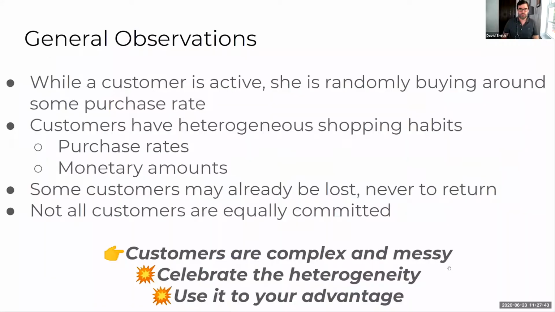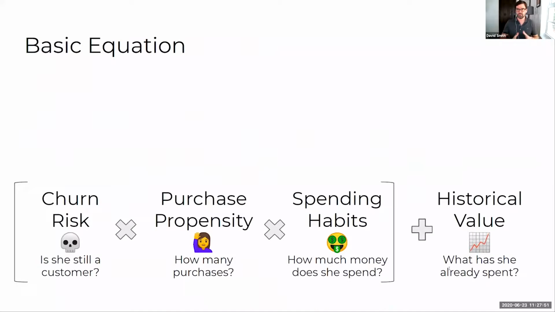Okay. So we're going to take these general observations and make them into something of an algorithm. To figure out customer lifetime value, we're going to talk about churn risk. So is she still a customer? Maybe, maybe not. There's some risk there, so maybe calculate that.